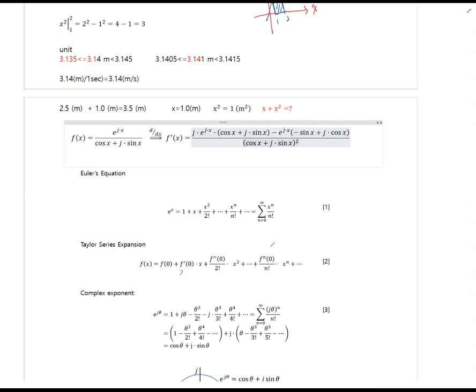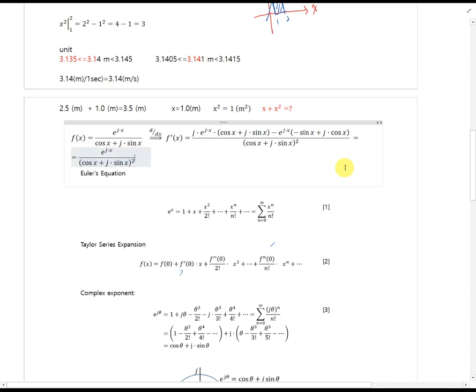If you look at this part, then e to the jx is a common factor, so that can be written this way: j e to the jx and cosine x plus j sine x, squared, is a common factor.